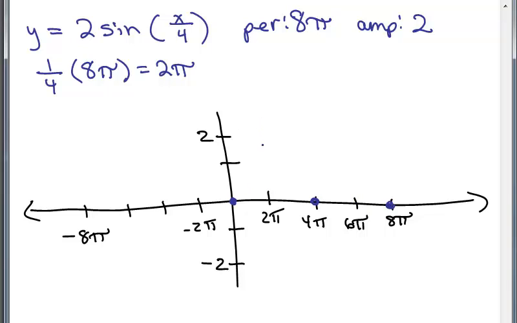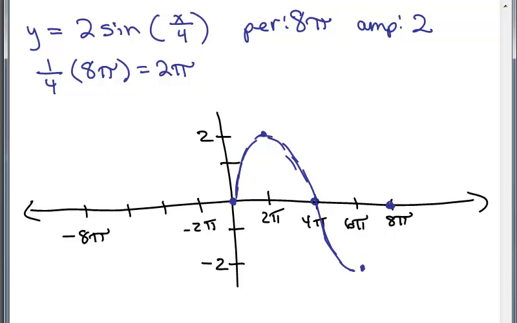First it goes up, but it goes all the way up to 2. Because the usual y value for the sine function is 1, you're going to multiply it by 2 because of this coefficient. And this one down here will be negative 2. And there you're going to get one period without actually having to make a chart.